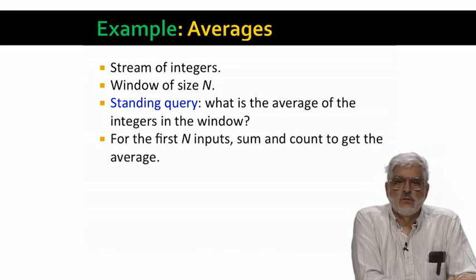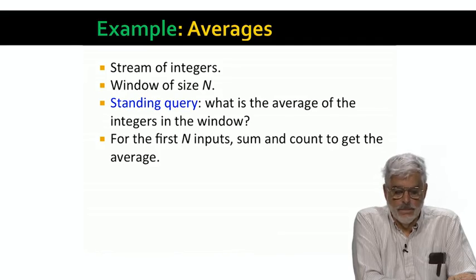Often we imagine that a stream extends infinitely into the past, so we don't worry about what happens before there have been enough arrivals to fill the window. However, realistically, we have to get started somehow, so let's store the first n inputs as they arrive and maintain the sum and count of elements seen so far until the count reaches n. Then the average is the sum divided by the count at any point.